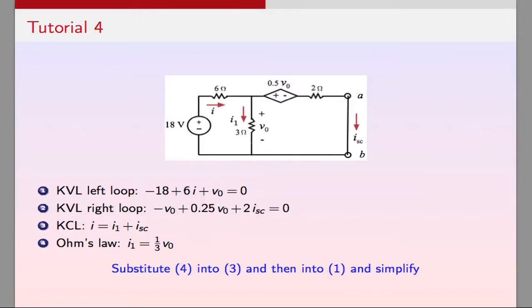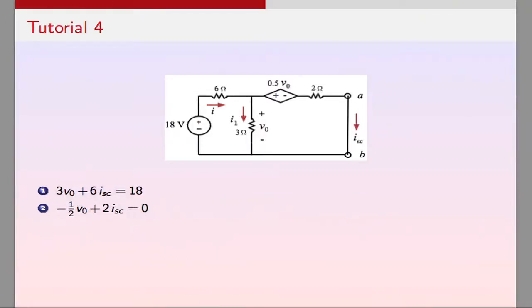Now we can substitute equation 4 into equation 3 to get rid of the current I1, and then we can substitute the resultant equation into equation 1 to get rid of the current I. By doing so, we get the following two simple equations.